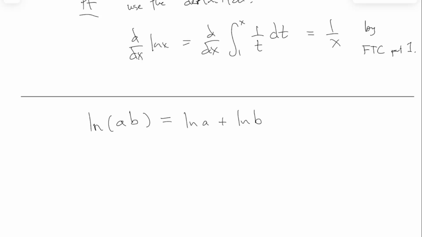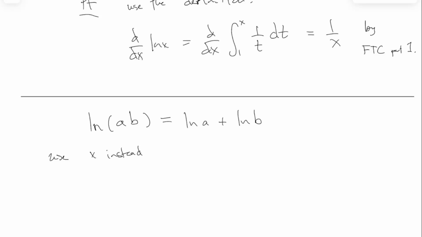Again, you can also demonstrate this using the definitions. Actually, this one I'm not going to use the integral sign. I'm going to consider the derivatives of this. So I'm going to use x instead of b. You could call the variable whatever you like.